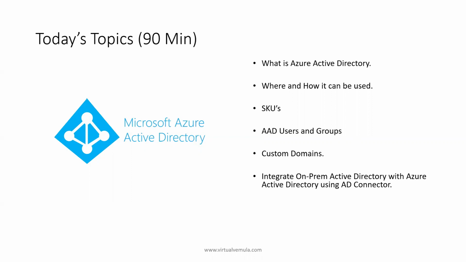These might be different points for you at this point of time. As we move on with the discussion, we'll connect these dots so that at the end of this session we'll understand the requirement of each of these when it comes to Azure Active Directory.